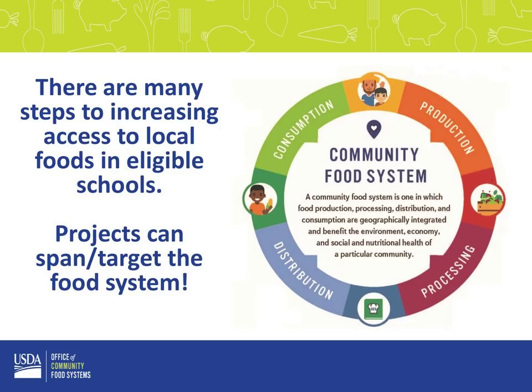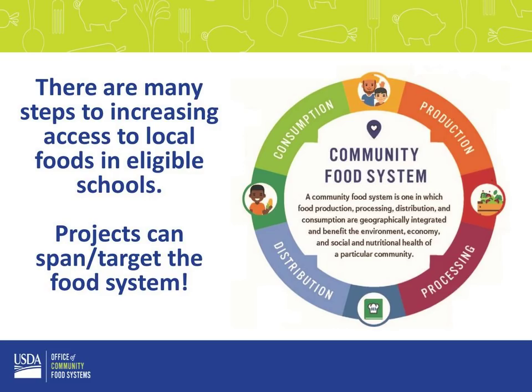It's not just getting that local food directly into the meal program to be served, but we also need to couple that practice, which is key and critical, with ensuring that students understand where their food is coming from, that there is an agricultural education component or experiential activities that supplement the procurement of local foods, so that when that food is put in front of them, they are more apt to eat it. They are more engaged. So that is key.